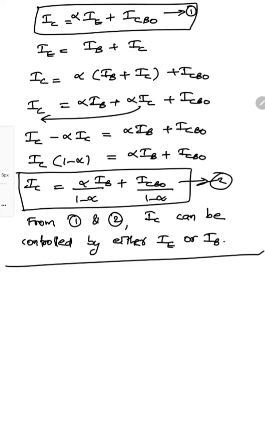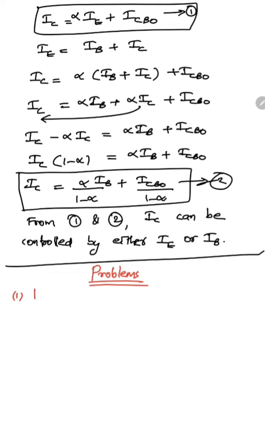So now we are going to discuss problems. The problems are very simple. By knowing these two equations, alpha is equal to IC by IE, and similarly the equation for the collector current, we can simply do the problems. So let us discuss one problem.